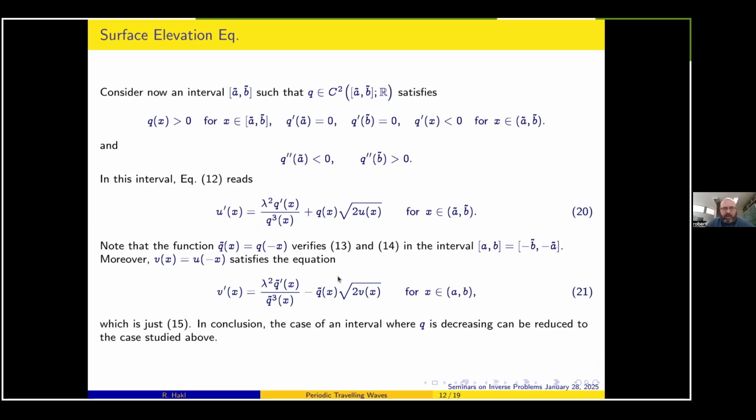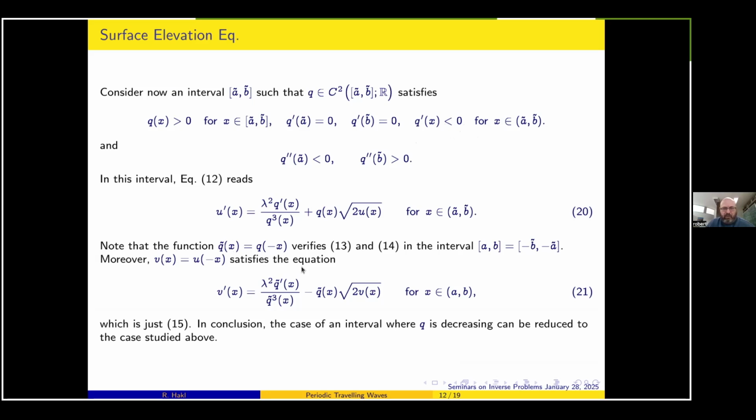Now, if we pass to the interval where q prime is negative, then a simple substitution q tilde equal to q of minus x transforms this case to the previous one, because q tilde prime is positive.